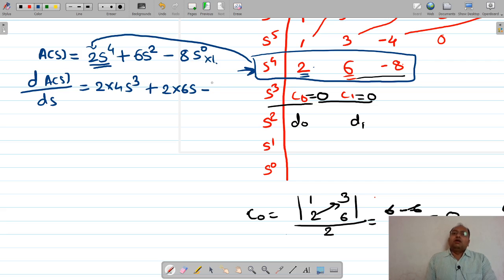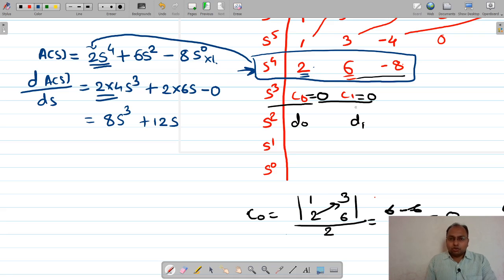So the derivative of a constant value is 0, isn't it? Yes. So after simplification it is going to become 8 s cube plus 12 s.